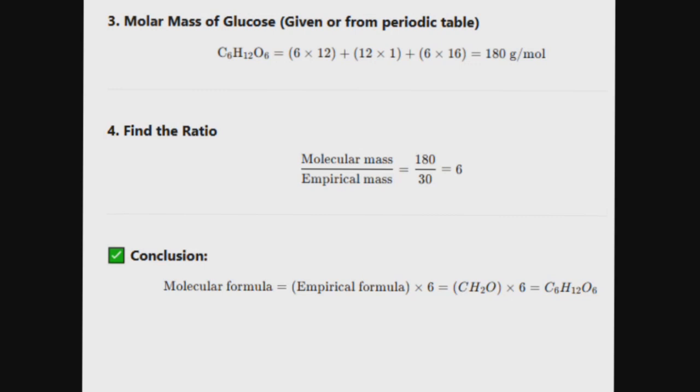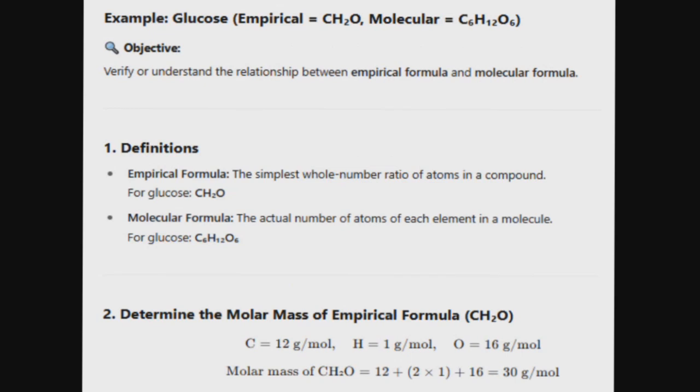To get your empirical mass, if you're given a compound as an empirical formula in your question, you add the atomic masses together, and the molar mass is what you use as your empirical mass.